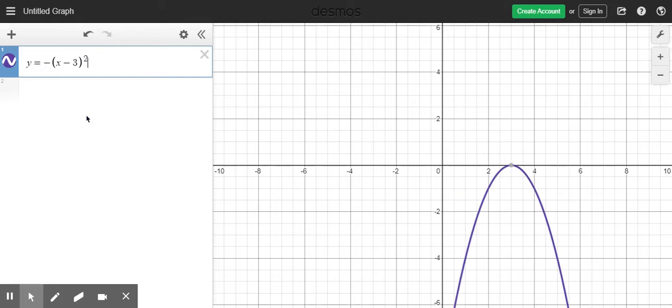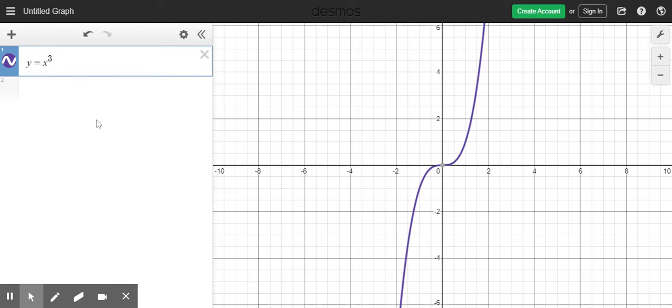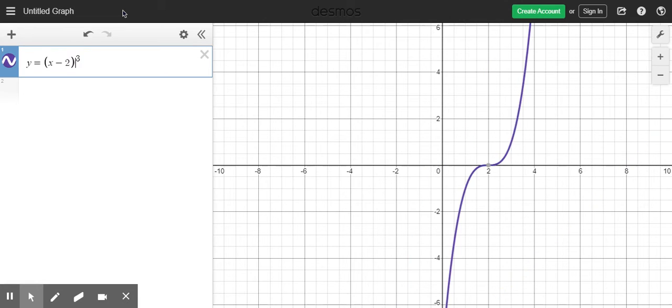So it worked on the quadratic. It would work if we had a cubic as well. So if we wanted to shift this one to the right, we would replace the x with x minus some number.